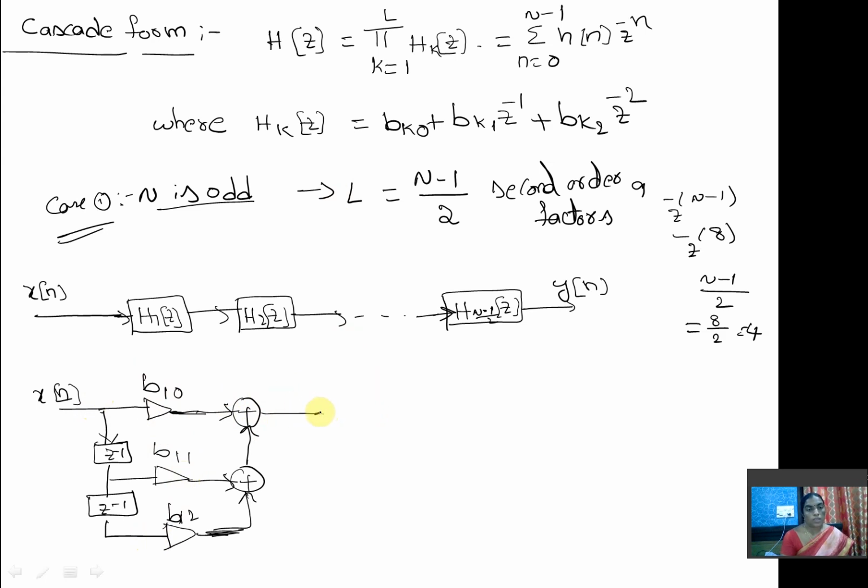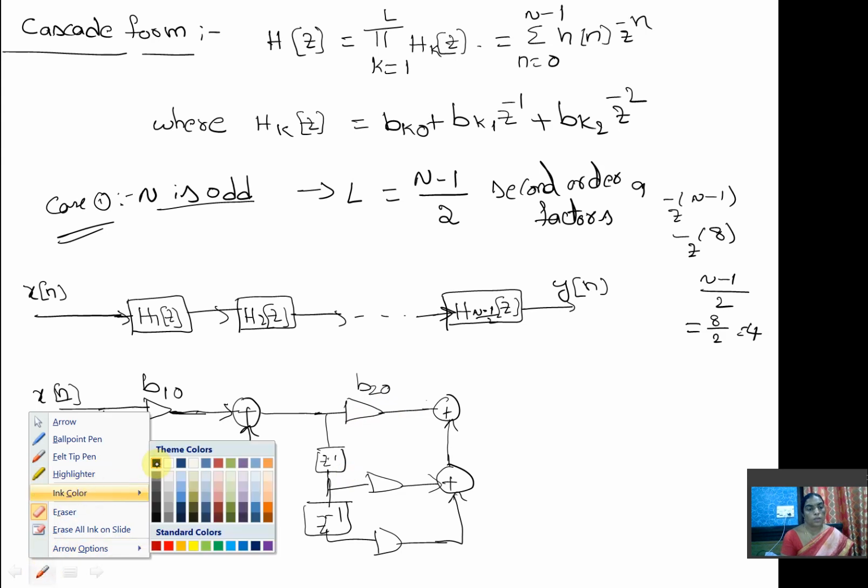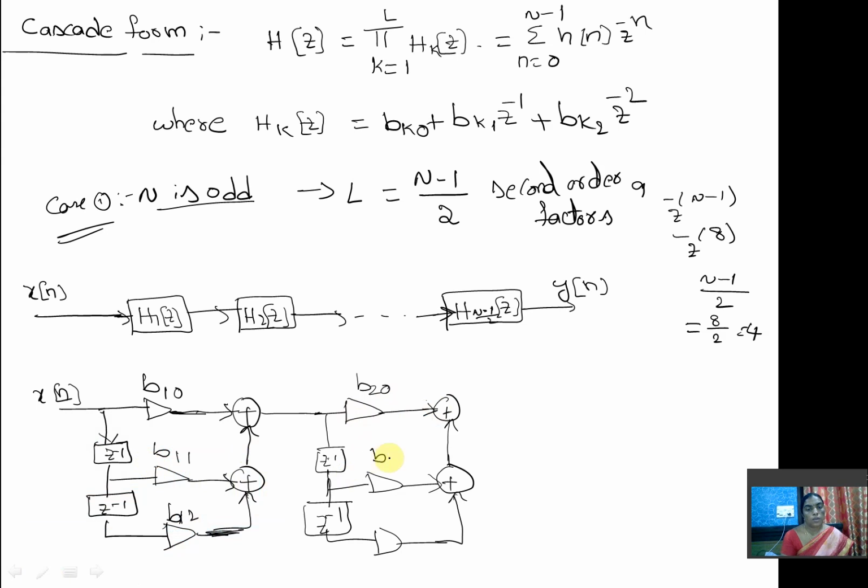Okay, right. Now this one is cascaded with the second section. h2 of z is nothing but b20, then here use delay units, and then take multipliers similar to the previous case. So now here b21, b22.